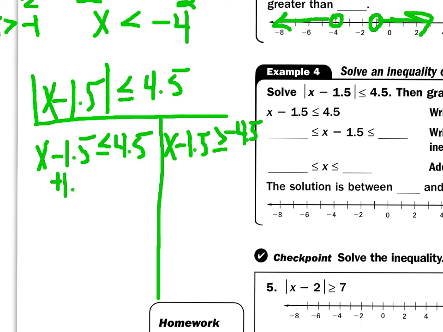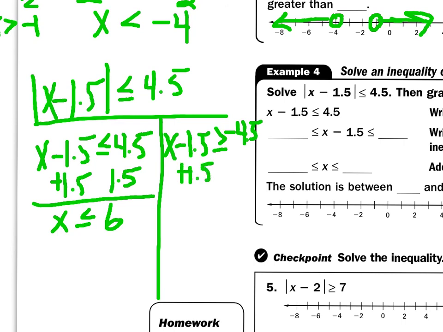I'm going to add 1.5 to both sides. x is smaller than or equal to, that's 6, or add 1.5, x is greater than or equal to, that's negative 3.